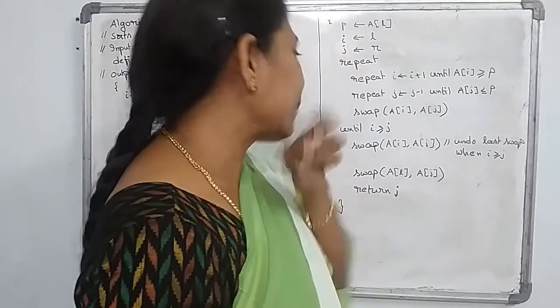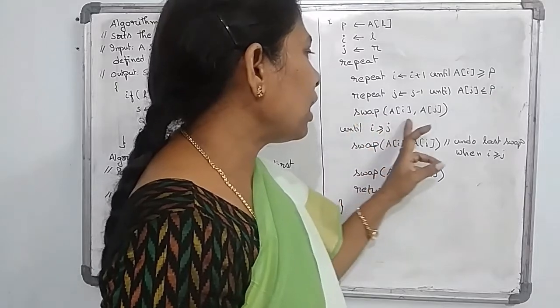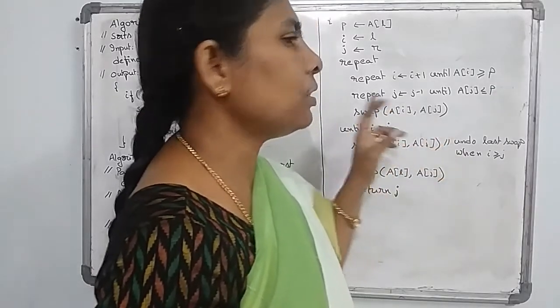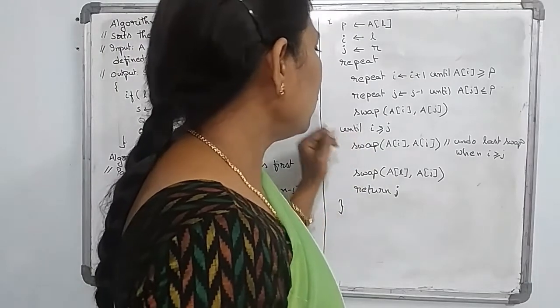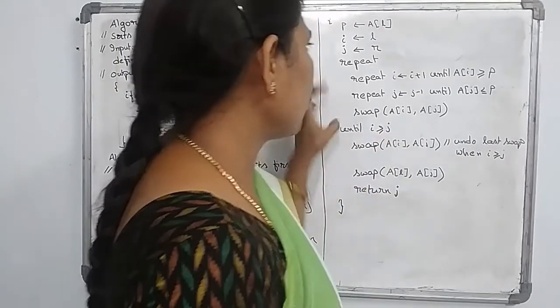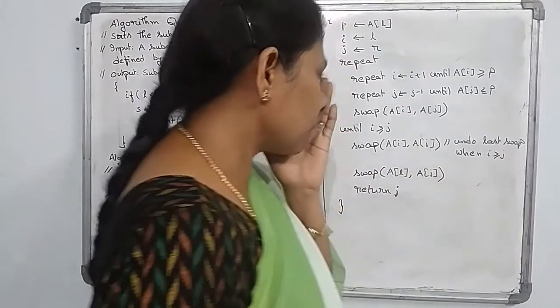After finding the i and j positions, if i is less than j, you swap A[i] and A[j], continuing until i is greater than or equal to j.